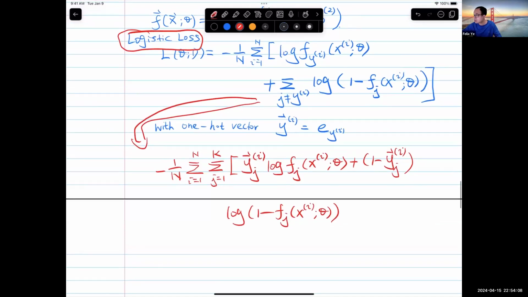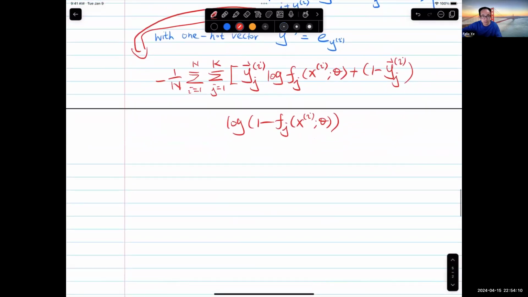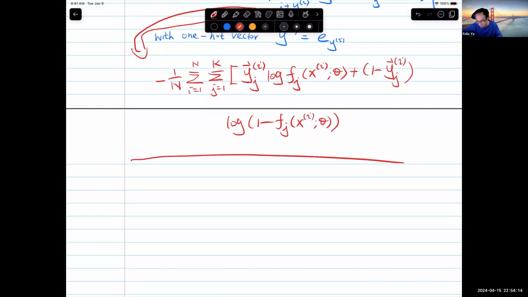In fact, you can also use the square loss if possible. But there's some reason that you probably shouldn't use the square loss, though yes, you can. One of the reasons is that if you're using square loss, you are likely to have some gradient vanishing property. This is something you only find out when you're tuning.